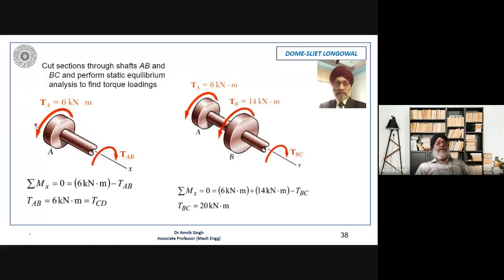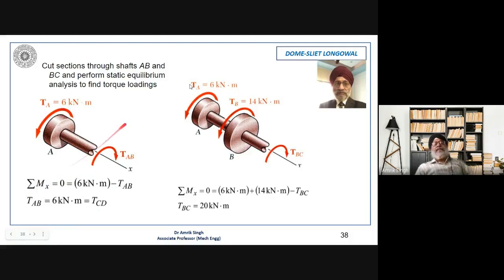So it is carrying a torque of 6 kilonewton. So the total sum of torque will be equal to 6 kilonewton minus the torque which is carried by this AB. So TAB will be equal to 6 kilonewton.